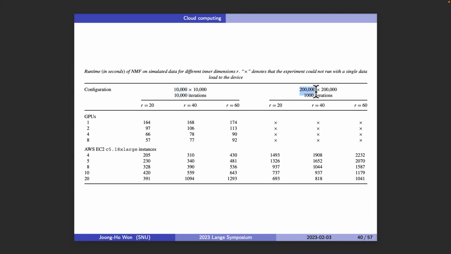And we can even increase the size to, say, 200,000 by 200,000. At that size, GPUs fail to run, but the virtual cluster was okay to run, and delivers a result in a pretty short time. So that was the scalability experiment that we were able to do.